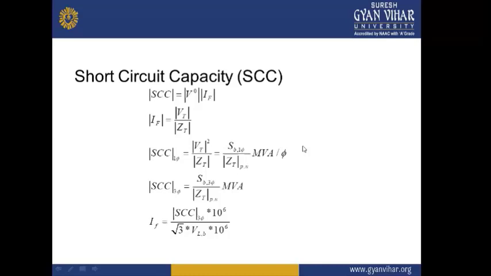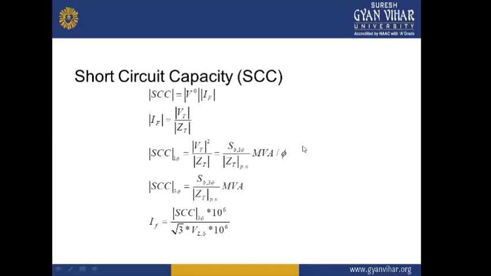Therefore, for a single phase the short circuit capacity can be written as Vt squared upon Zt, which is equal to SB single phase upon Zt per unit MVA per phase. That is the short circuit capacity per phase.